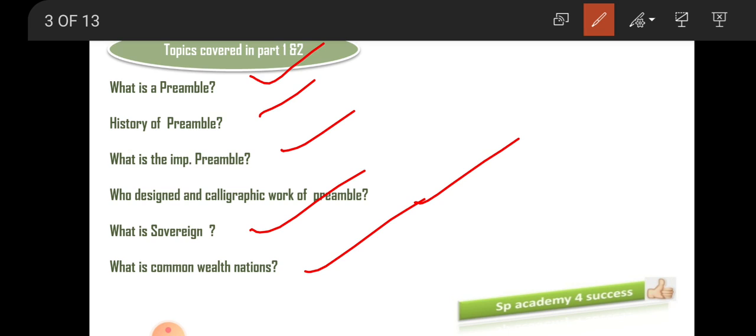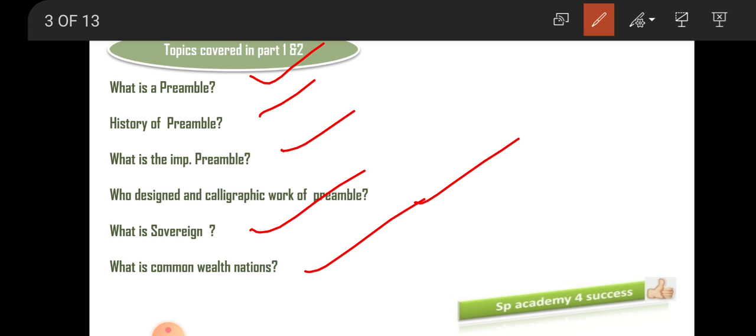Once there was a question in the mains asking you to write the preamble. In that case you have to write what is the preamble, you have to mention the whole preamble, and the importance of each and every word will be discussed. You have to discuss that. Such is the importance of the preamble.